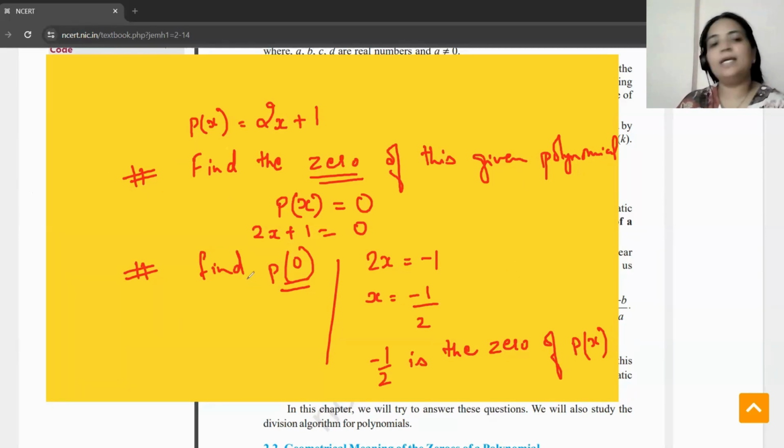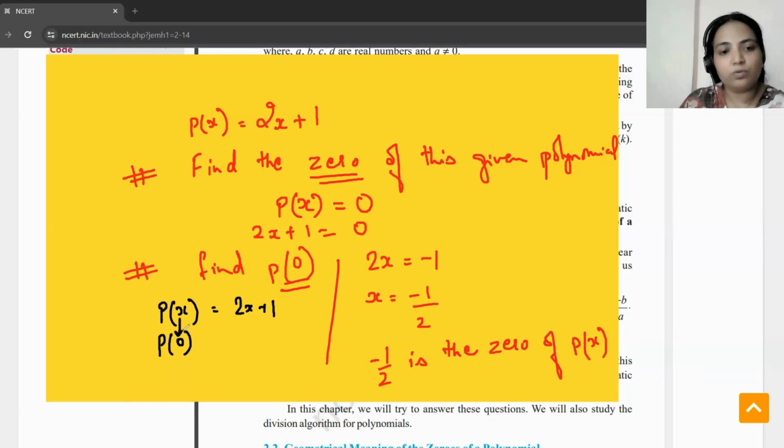Now, when they say that you have to find P of 0, that means you'll write this P of x first here, 2x plus 1. And then under that, you'll write P of 0. So that means 0 replaces x here. Likewise, you will do it on your right hand side. Wherever x is written, you'll write 0 there. Understood or not?